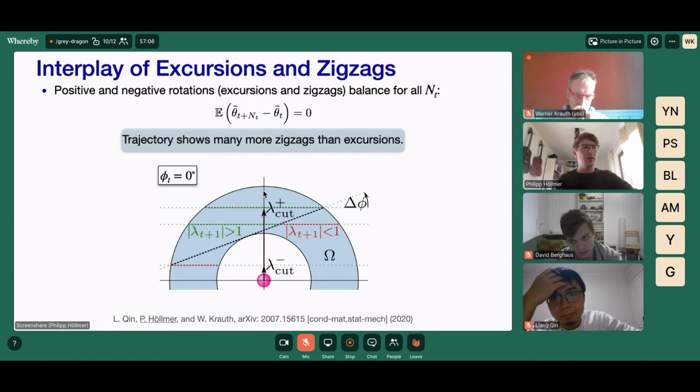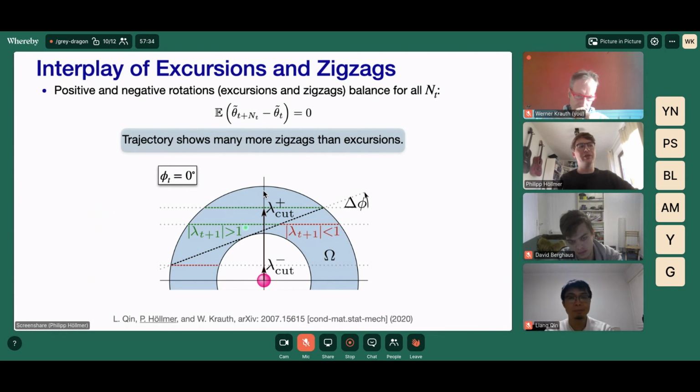However, now imagine, I explained to you earlier how these zigzags come to play, and I said that for one of the zigzags, one possibility is that my atom started down here and moves up in this S- segment until it hits the lambda equal 1 boundary. Now you can see that in order to safely go from a zigzag onto an excursion, it has to overshoot this boundary, over this lambda cut plus value, to safely go on an excursion.